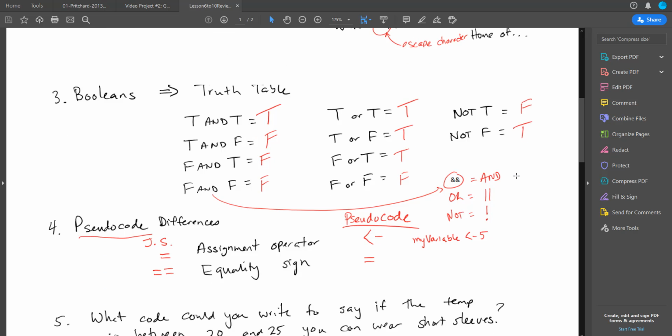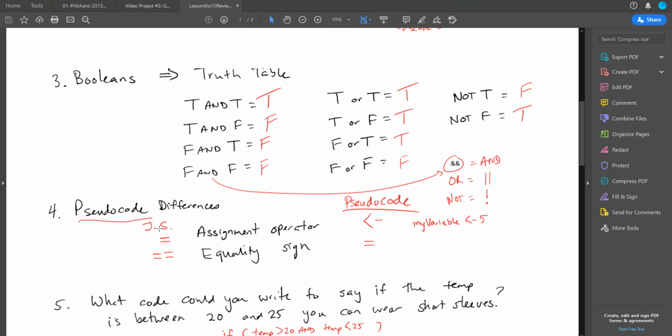Pseudocode, there, it will give you the pseudocode that you need to work through. We've talked about the little bit of differences. One thing, in JavaScript, the pseudocode is kind of weird. So in JavaScript, obviously the assignment operator is a single equal sign, saying this variable is set to whatever value.